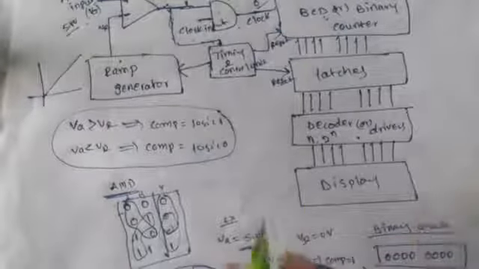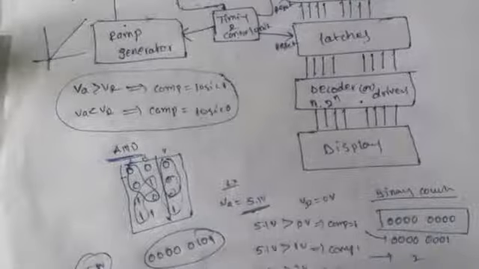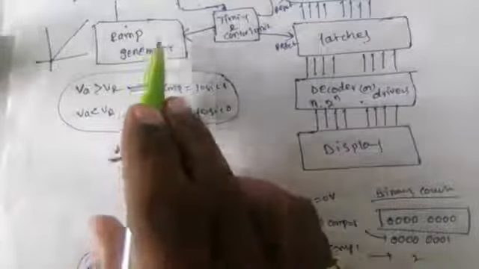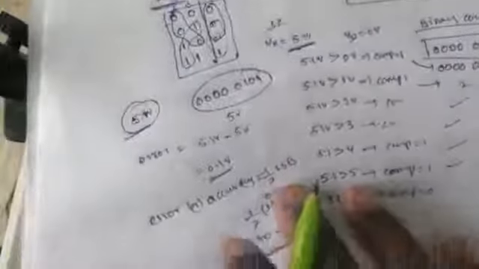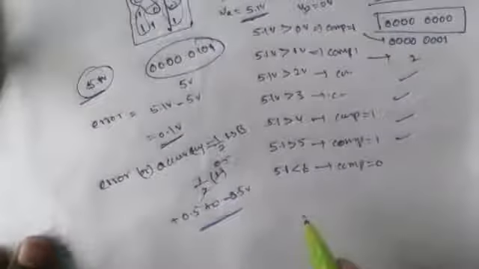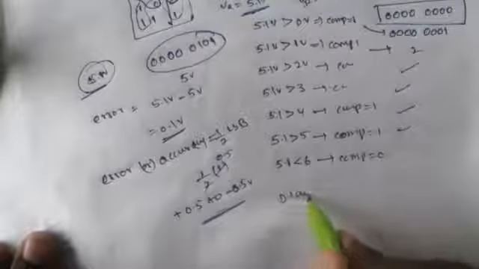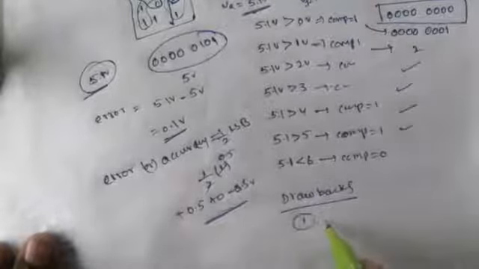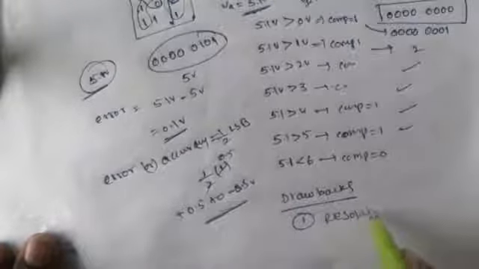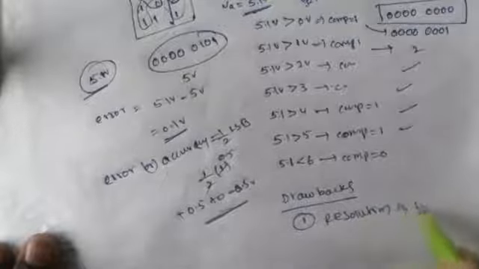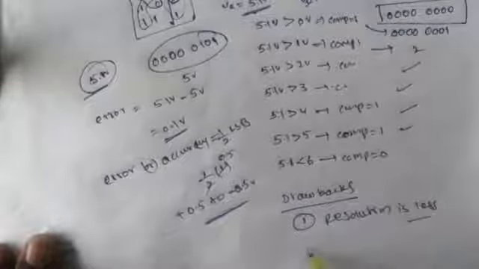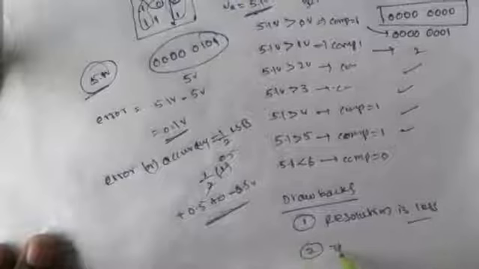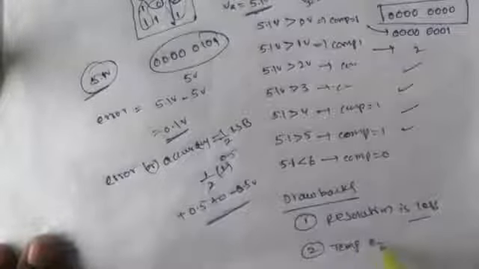But the major drawbacks of this are the ramp generator and the resolution. So here we have to discuss the drawbacks of this circuit. The first one is resolution, which is very low. The second point is the temperature effect.